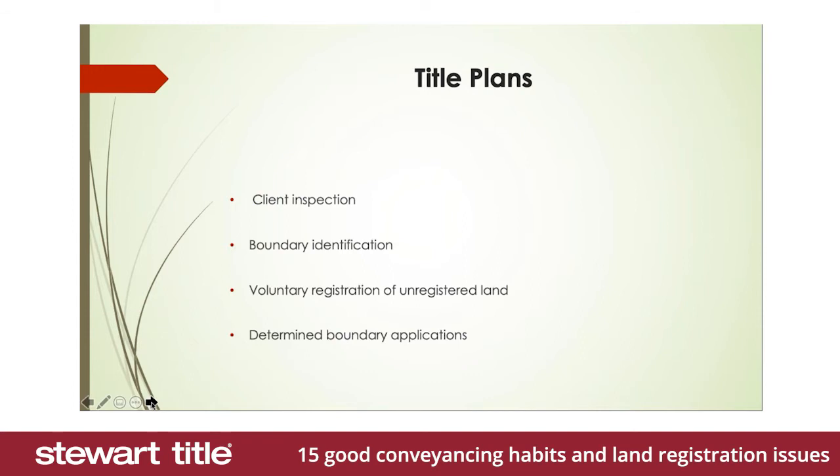And finally, on this slide, in the notes, I talk about determined boundary applications. Determined boundary applications are brilliant where there is agreement between neighbours as to the location of the boundary.